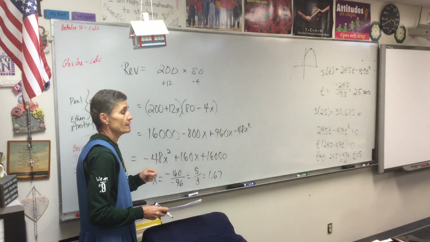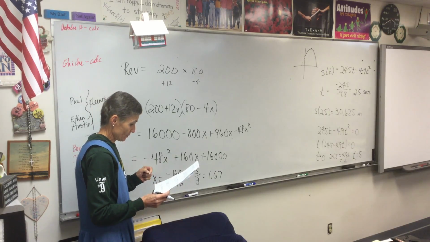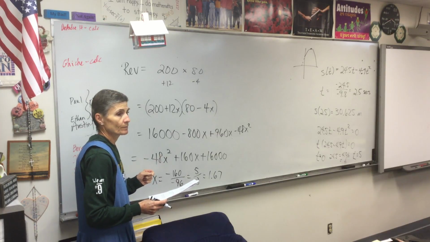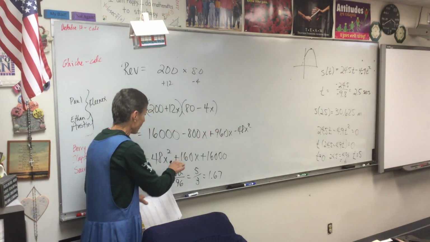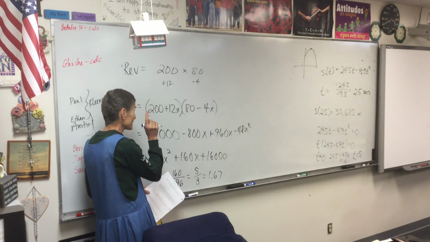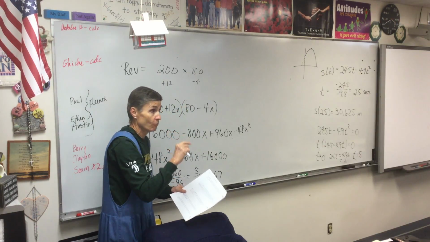Okay, now, is that 5/3 dollars? 5/3 books? What is that 5/3? The price they should charge. Oh no, how many times you want. How many times I'm going to change the price? Yeah. Now, I'm going to change the price 5/3 times, and every time I change it, it goes down 4.